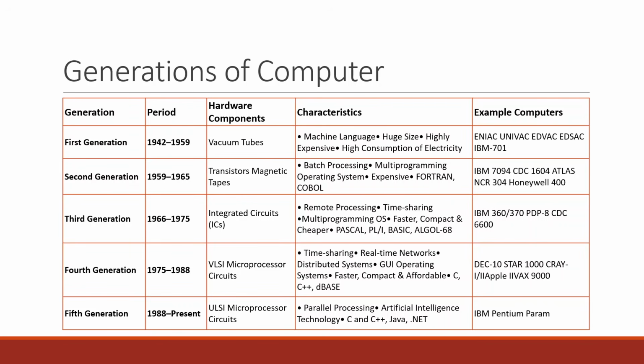Machines developed were DEC 10, STAR 1000, Cray 1 and 2, Apple II, and VAX 9000.